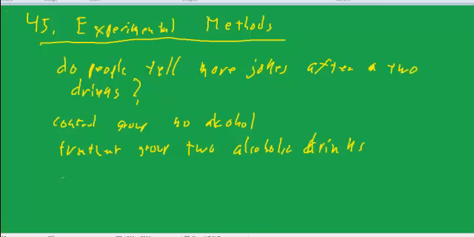This is called the placebo effect. For example, if you offered 2 non-alcoholic drinks to people, things that they thought maybe were alcoholic but weren't really, you would get the same effect as giving them 2 alcoholic drinks. So that's the placebo effect.